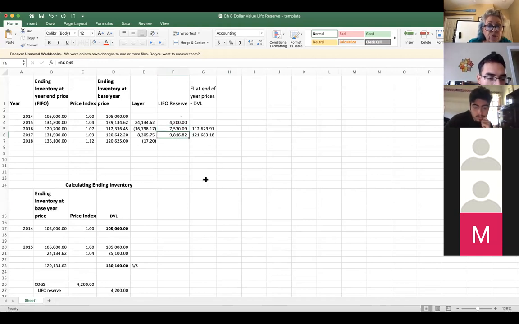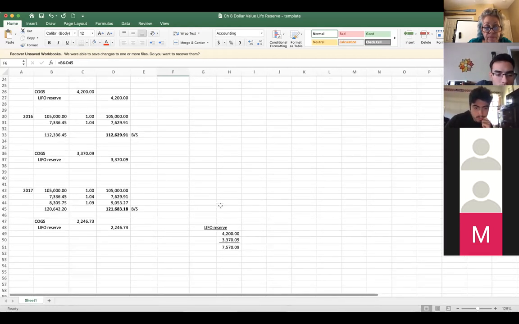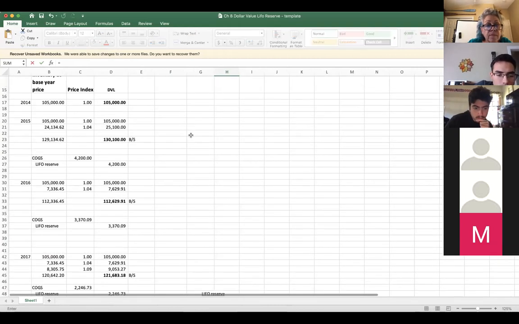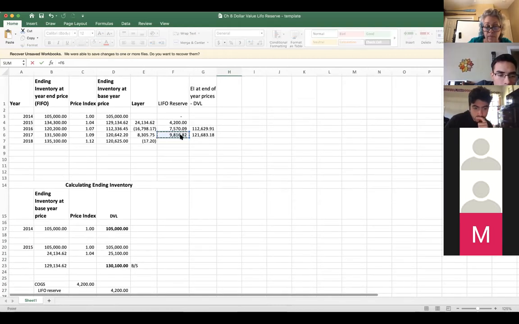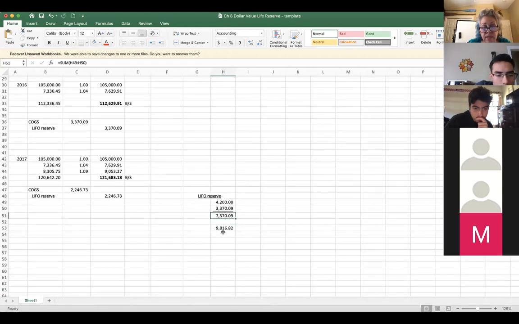Now, at the end of 2017, I want the adjusted balance to be 9,816.82. So what is it going to take to get this number to this number? Just an additional credit.